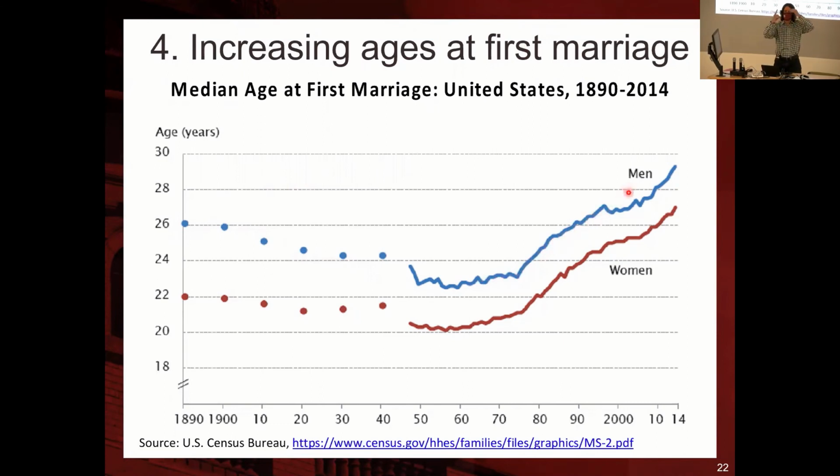So first you have the trend over time. You have people getting married at younger ages in the 50s and beginning of the 60s. And then you start to have a society in which people start to focus more on education, on jobs before forming a family, and then people get married older. That's the trend over time.